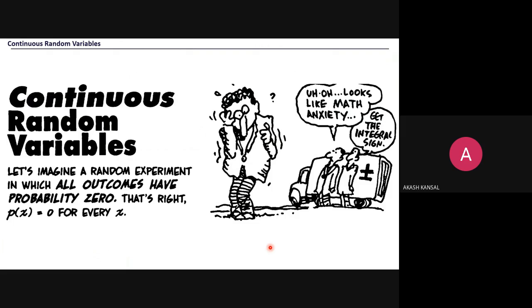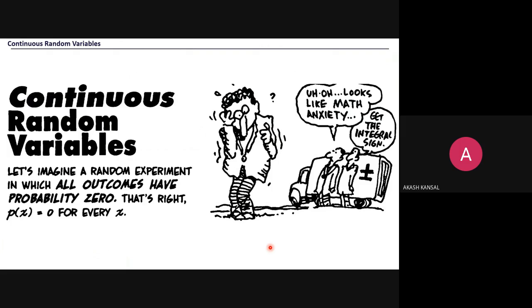So again, I will reiterate. Let's imagine a random experiment. I will repeat it for Jatin. So a random experiment is one in which we are measuring an event, the probability of any event. For example, if we are tossing a coin, that is a random experiment that we are doing. Okay.